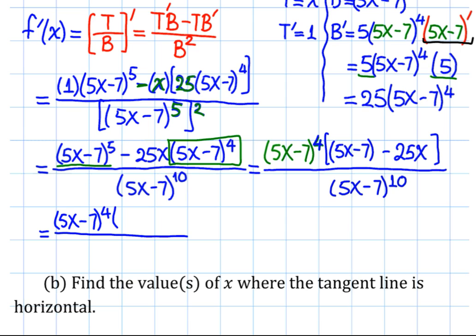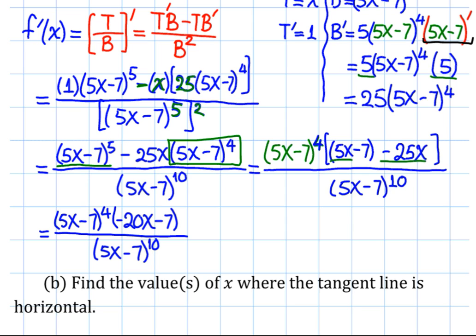Inside the bracket, we have 5x minus 25x, so that is minus 20x, and then minus 7. All of that over 5x minus 7 to the 10th power.